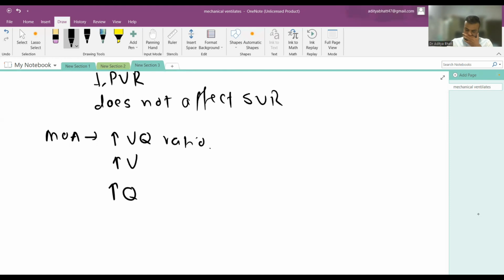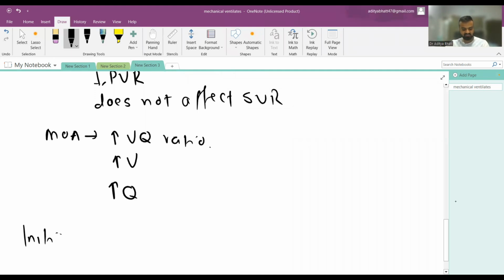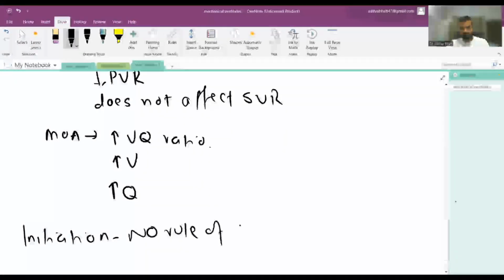Now, next is that iNO is the only therapy that I told you is approved in full-term patients. When do you give nitric oxide? The initiation of nitric oxide is on the rule of 20. What is the rule of 20?